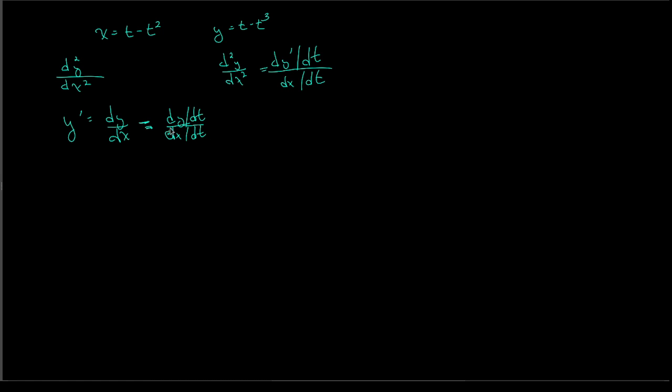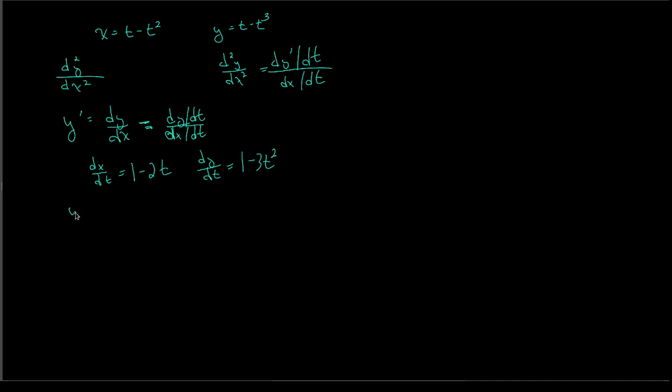That's our first step. And so we'll want to find dy/dt and dx/dt. So dx/dt is 1 minus 2t, and dy/dt is 1 minus 3t squared.